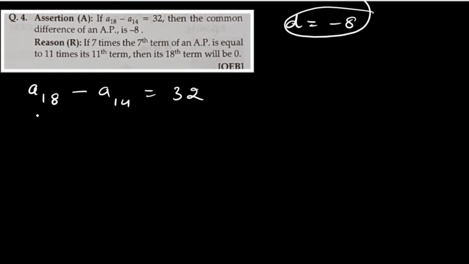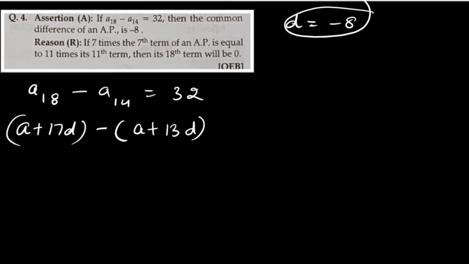So we will find D's value. A18 we can write as A plus 17D like we did previously. The formula I'm using: A18 is A plus 17D. I'm just writing its formula. A14 is A plus 13D. Directly we can write A plus 17D minus A plus 13D.